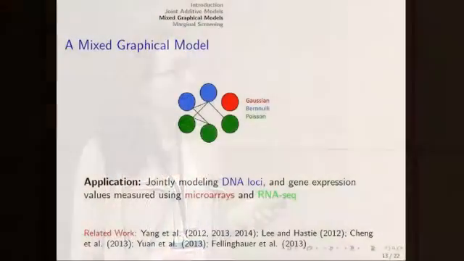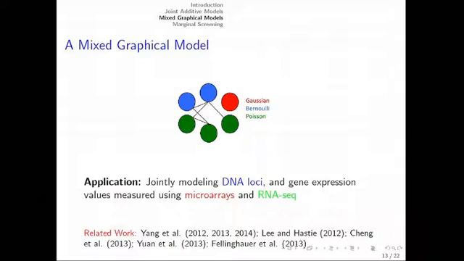So for instance, if all of our random variables were Poisson, were from RNA sequencing, then we could assume that every conditional distribution is Poisson if all of our nodes are count-valued measurements. But that wouldn't work in the setting here where we have nodes that are clearly of different types.